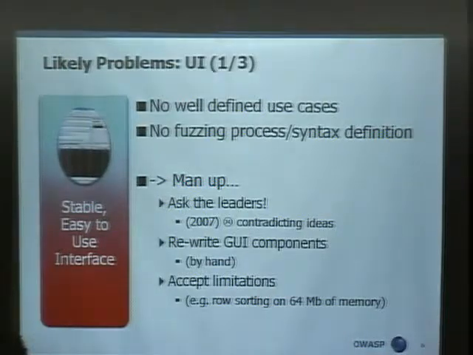So how do we solve the problem of the user interface? Well, we asked the OWASP leaders. Unfortunately, we got very, very contradicting results there. So let me give you some examples. If you ask Dinis Cruz what he wants from a fuzzer, it pretty much resembles the Burp Suite. And who in here is familiar with the Burp Suite? Good.